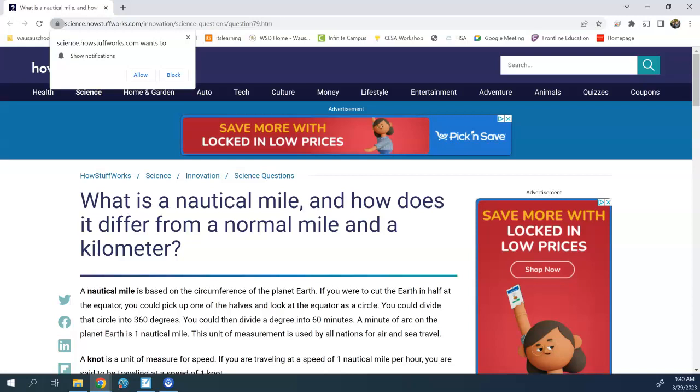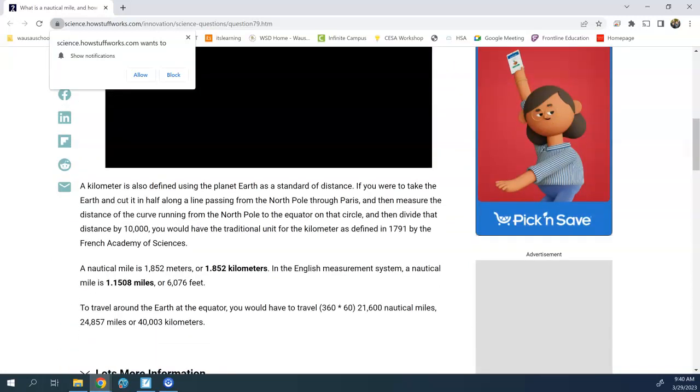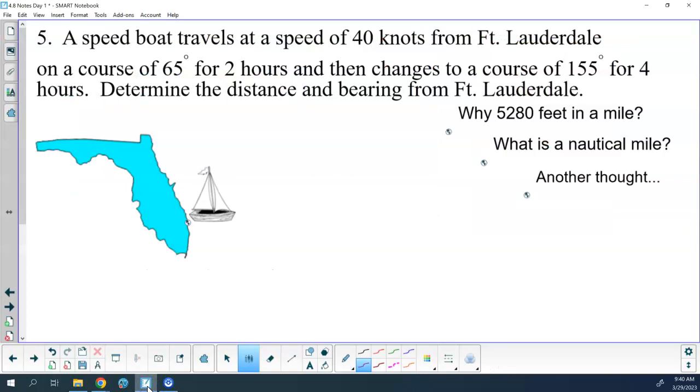Which ends up being 1.1508 miles, or 6,070 feet. You'll never have to know that. We're just telling you what it is because there's knots in this problem. Okay? So a knot is a nautical mile per hour.